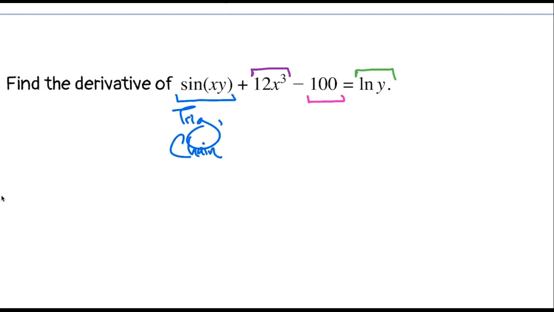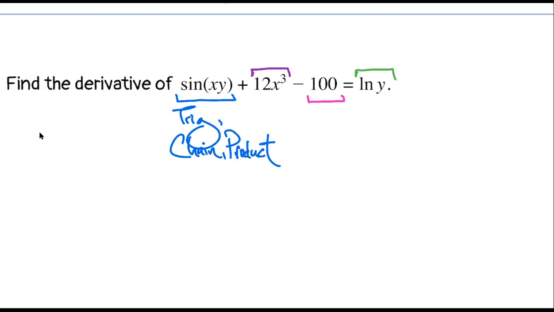I would say there's one more rule we need for this blue one. Yeah, we're gonna need a product rule. Why are we gonna need a product rule? Yeah, because it's x times y, okay? That one, I'll tell you, is a little sneaky. So we gotta be really looking out for that, okay?